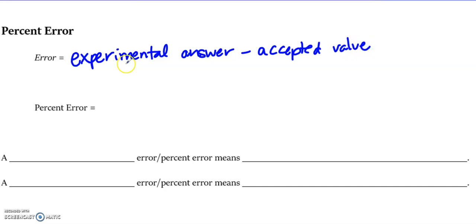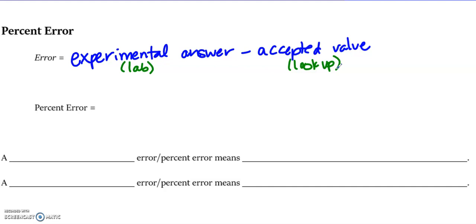The accepted value would be something that you would either look up, like the density of something or the boiling point of something, or something I might tell you, or maybe we find an average for our accepted value. So first you're just going to take your experimental answer minus the accepted value.